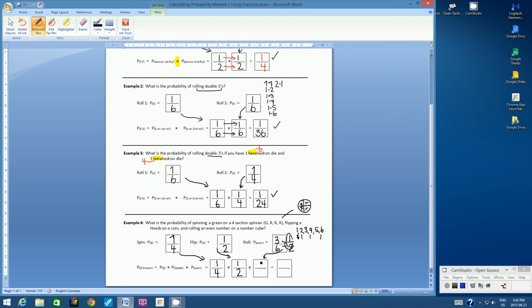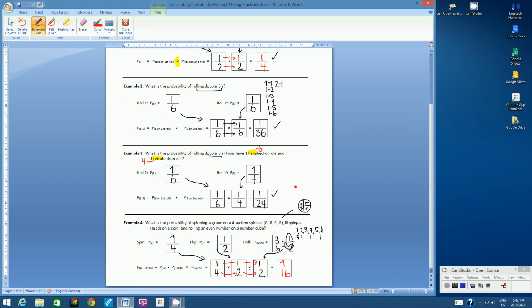That is 1/2. So when we multiply these out, let's go step by step. 1 times 1 times 1 equals 1. 4 times 2 is 8. 8 times 2 is 16. Is this in its lowest form? Yes, it is, because the numerator is 1.